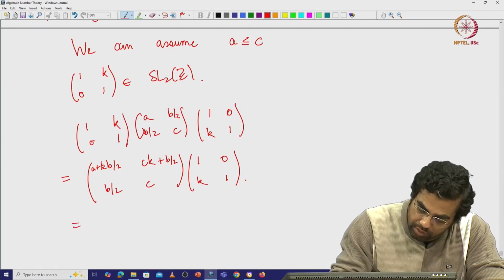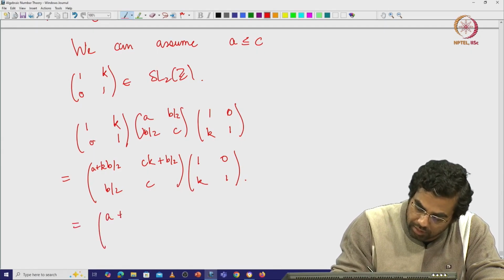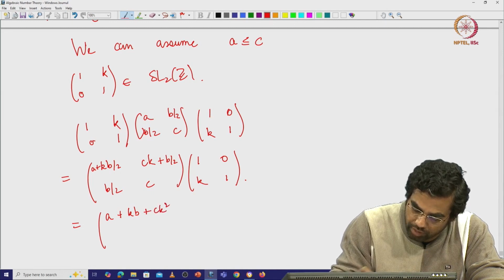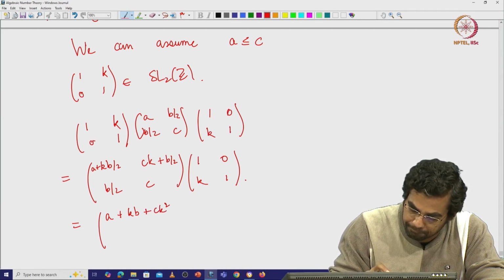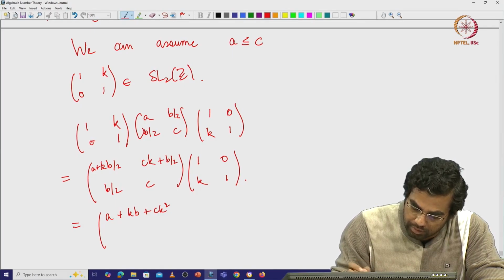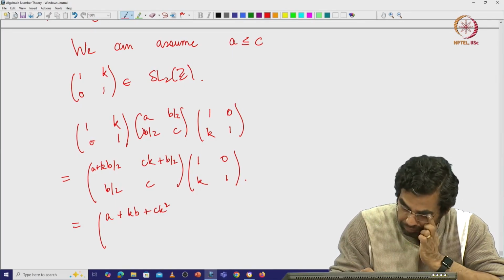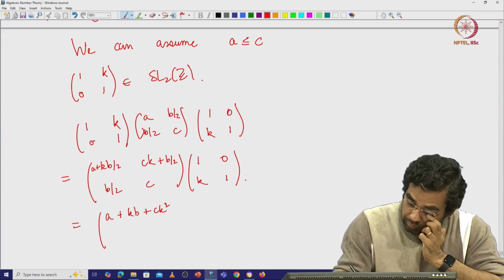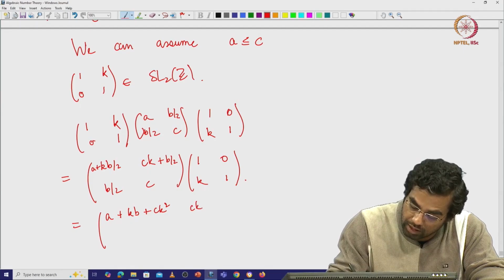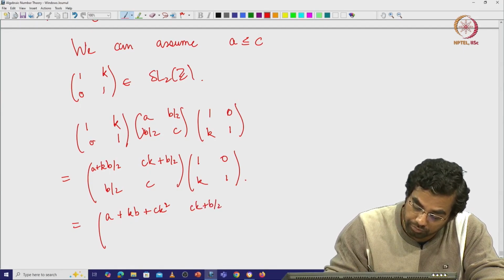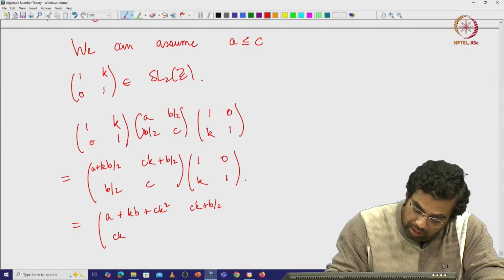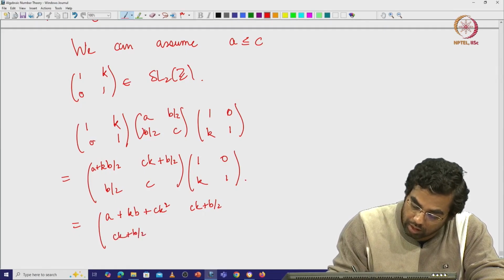So, if I multiply this out again, I get A plus K B plus C K squared, right. Then C K plus B by 2 and again C K plus B by 2 and C.